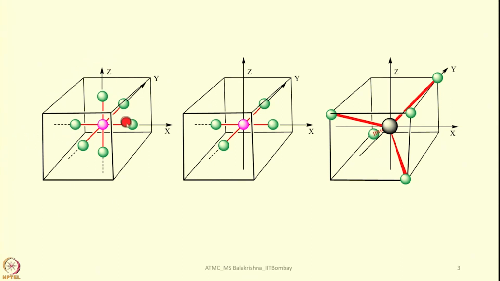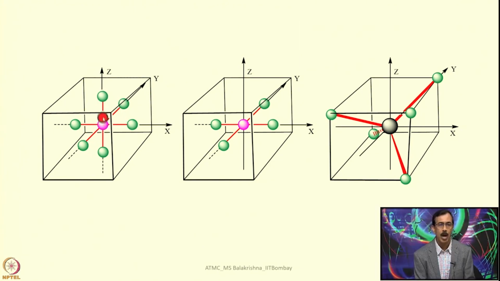And now if you just look into the direction of approach of ligands here, it is very easy to understand how these ligands will be interacting with the 5 d orbitals. That means in case of octahedral, these 6 ligands will be interacting with the 2 orbitals that are coming in their way, that is d z square and d x square minus y square, whereas the other 3 remaining orbitals such as d xy, d yz and d zx are in between the axes.